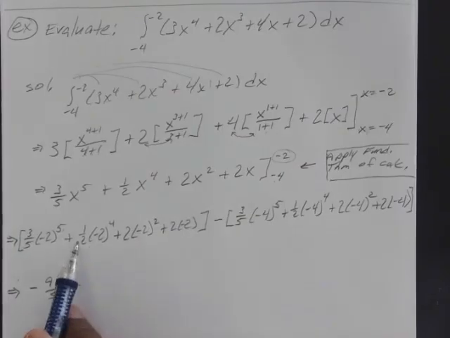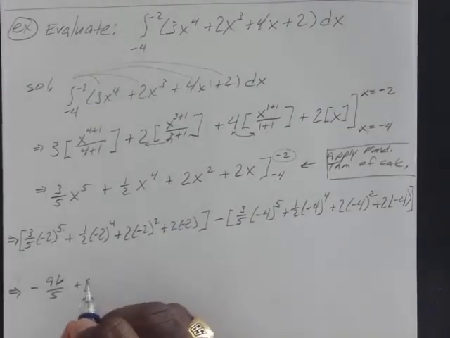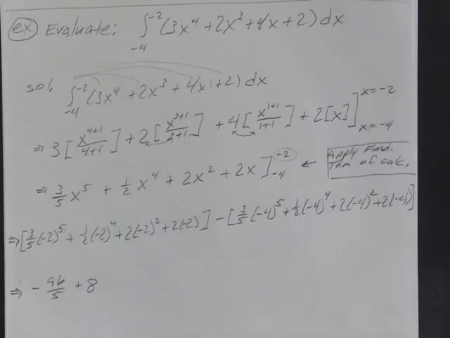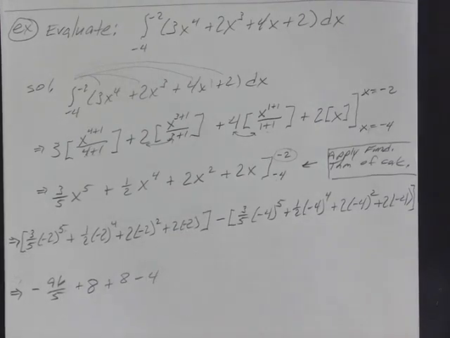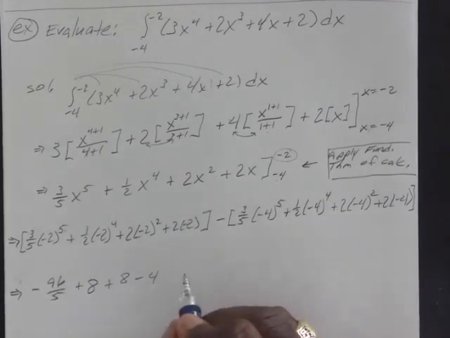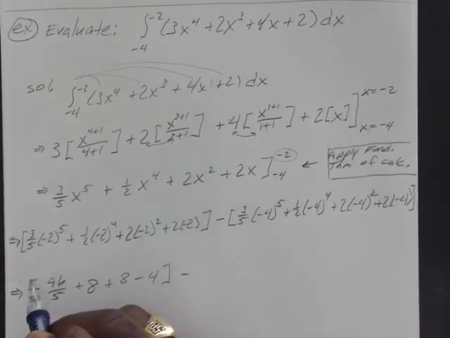So that's +16 divided by 2, which is 8. Plus -2 squared is +4 times 2 is 8. And 2 times -2 is -4. And that's the first group of terms.